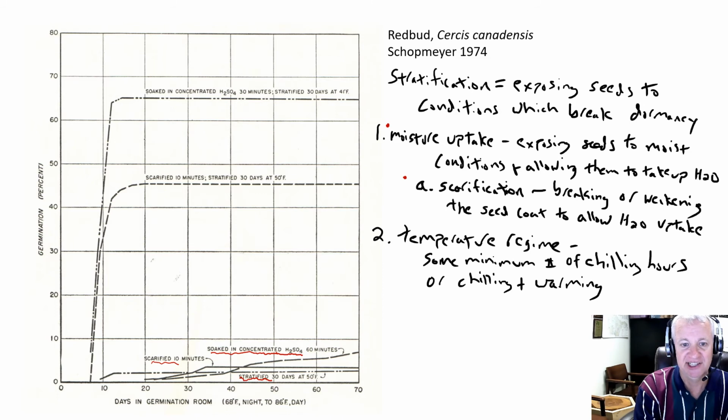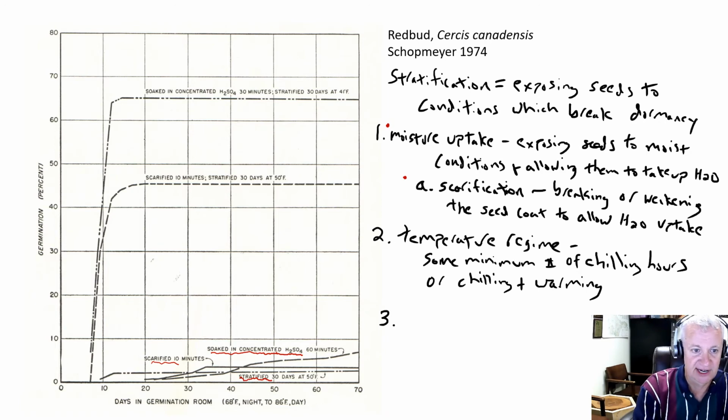And you can imagine that, for instance, both of those, either some accumulation of some minimum number of chilling hours or a chilling period followed by a warming period, those both simulate passing through the winter into spring. Okay, so temperature sometimes is required, and then light.